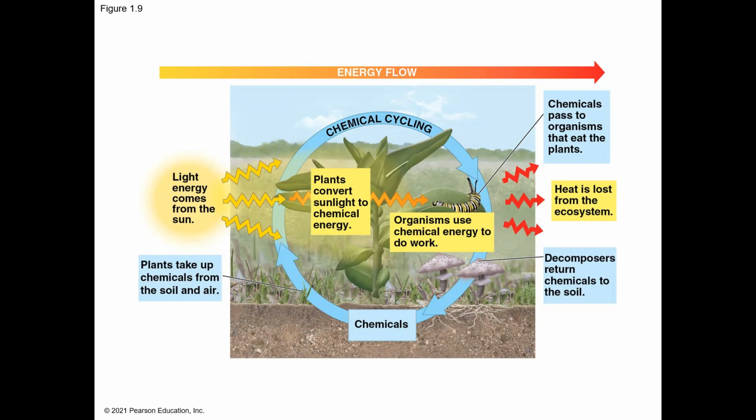Now, energy will flow through the environment this way, but a lot of energy is lost in the form of heat. Heat loss is actually one of the biggest problems that organisms have with energy conversion.